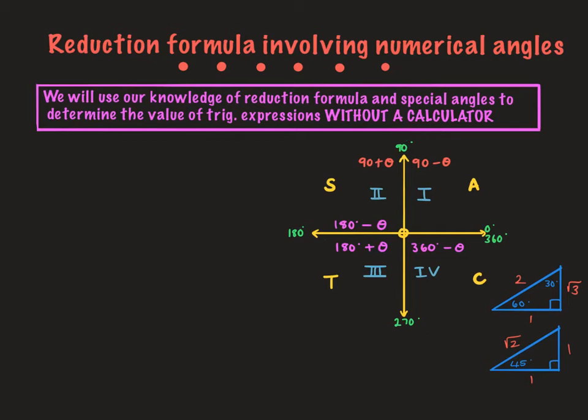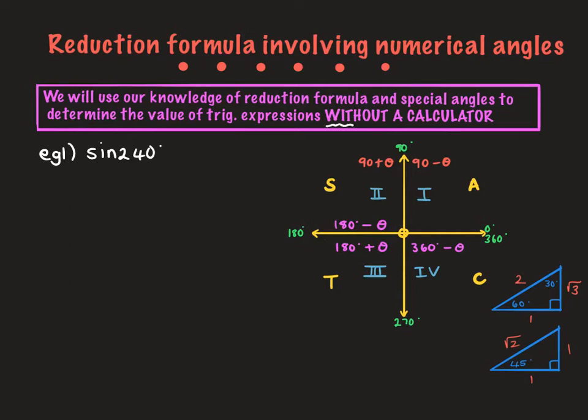That is very important, grade 11s. We are not allowed to use our calculator here. We need to show our workings. So if I work through our first example, we are going to simplify sine 240 degrees to a numerical answer.